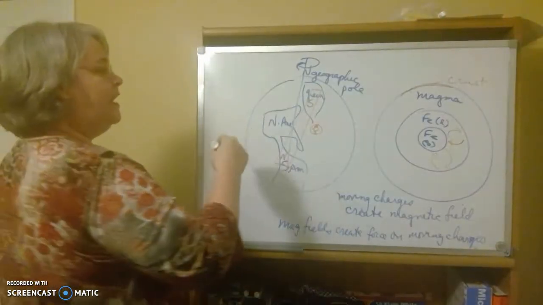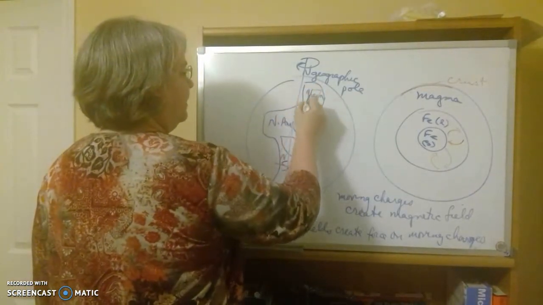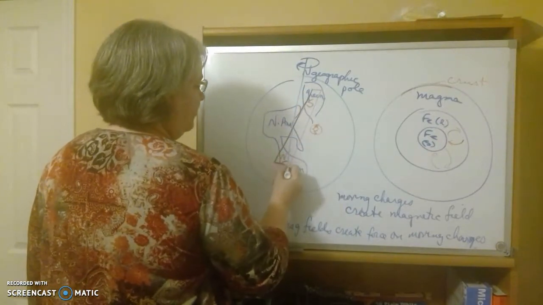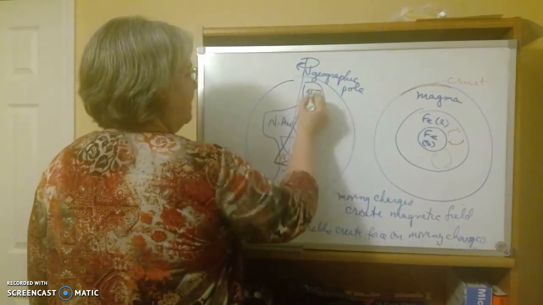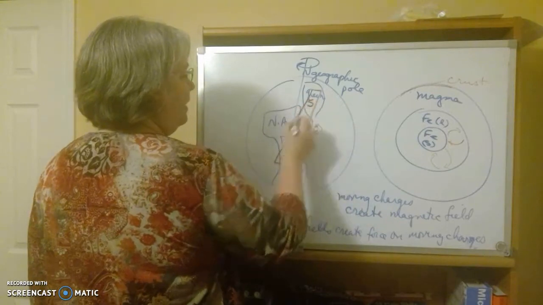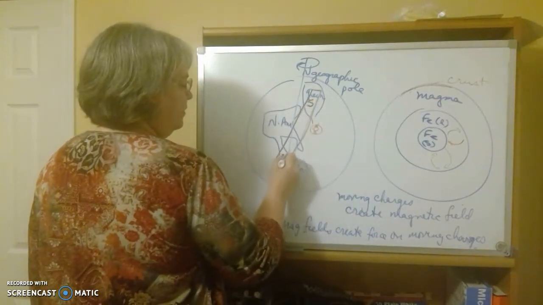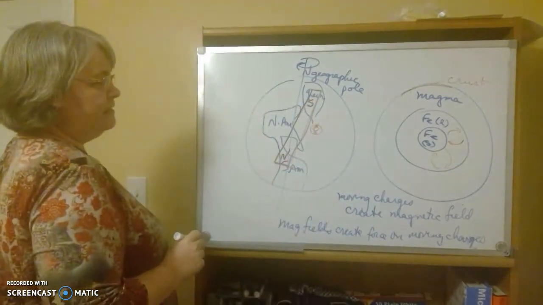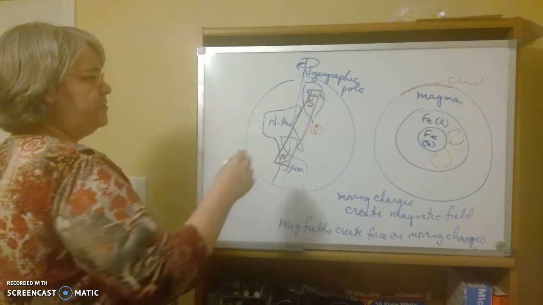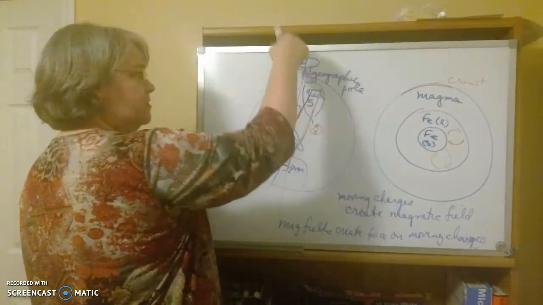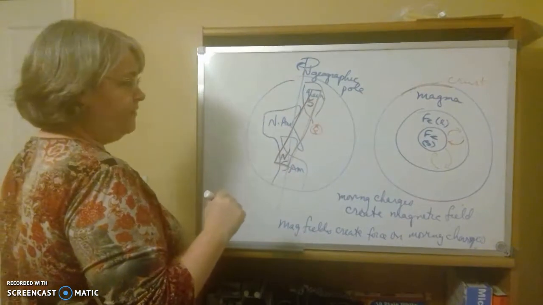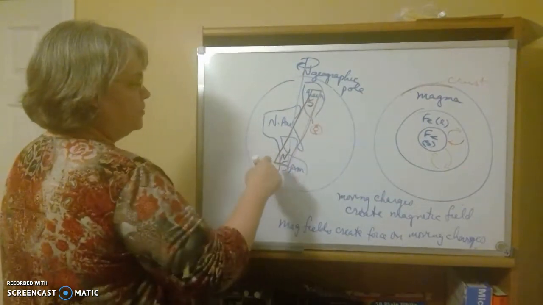Anyway, I got going. So what we have again here is the magnetic field or the magnetic pole orientation inside of the Earth. So south magnetic is close to north geographic, and vice versa.